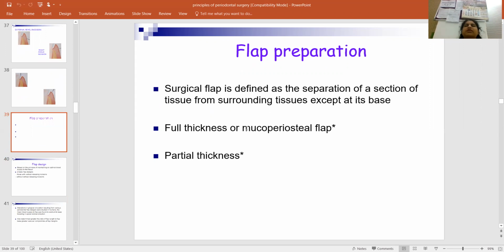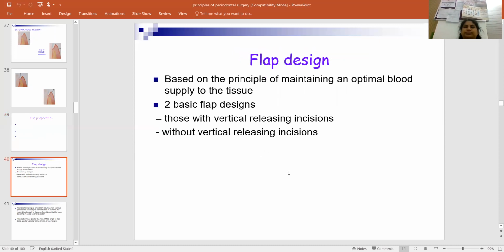Full thickness or mucoperiosteal flap means the whole of the mucosa along with the periosteum is elevated from the underlying bone, and partial thickness means the flap is elevated, leaving the connective tissue covering the bone or periosteum covering the bone.